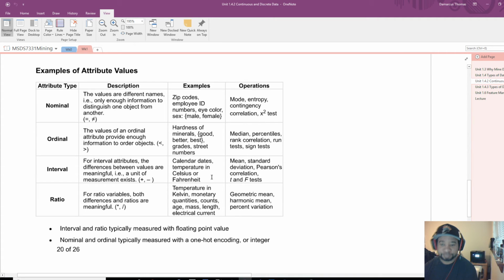Now, I will talk a little bit about why temperature is not in the ratio. Here we have the Kelvin scale as an example of ratio, but not Fahrenheit, Celsius temperature, or dates.